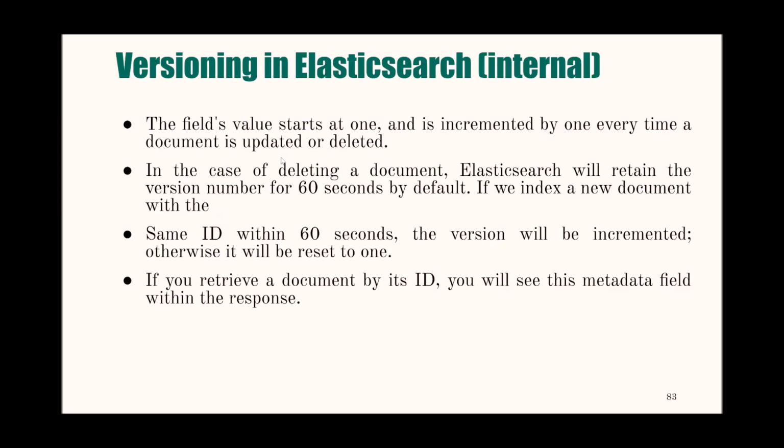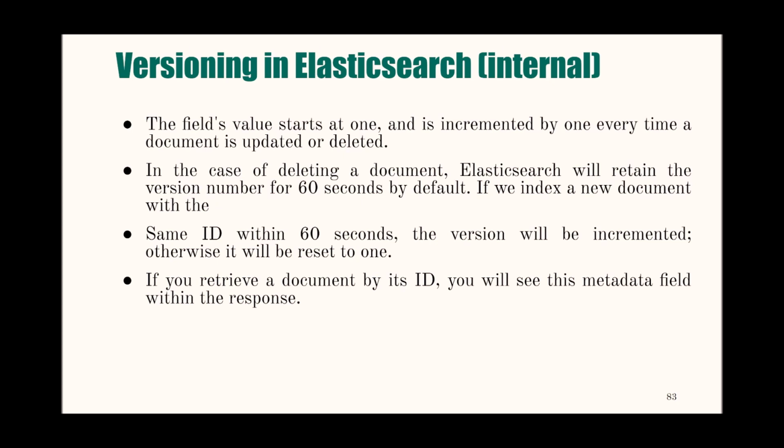Okay, so the versioning in Elasticsearch. At the beginning of these lectures, we tried adding documents, and we saw some fields called version. Basically, can we use these versions? The news is that Elasticsearch doesn't keep any old versions. It just keeps the version number, but doesn't keep the document itself.